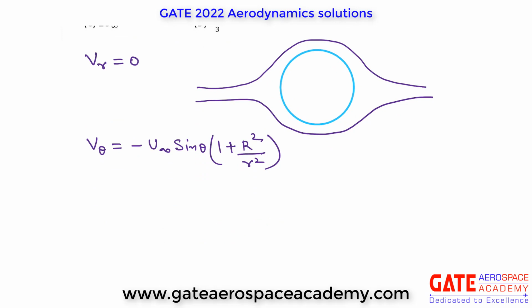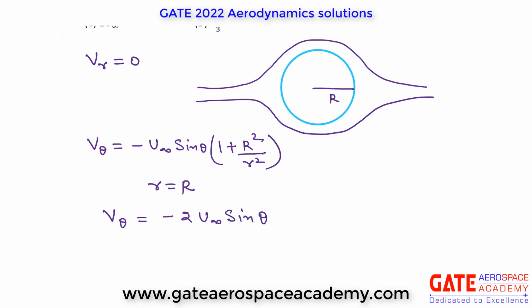So for the surface, small r is equal to capital R, because capital R is the radius of the cylinder. So V theta will be equal to minus 2 u infinity sine theta. Now when will V theta be maximum? When sine theta takes its maximum value, right.